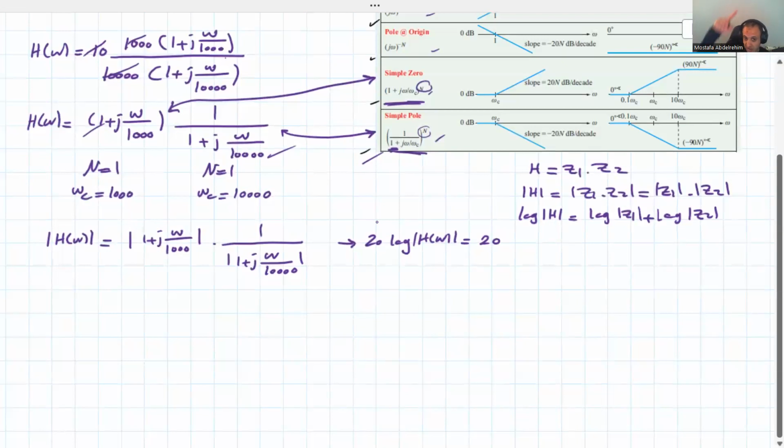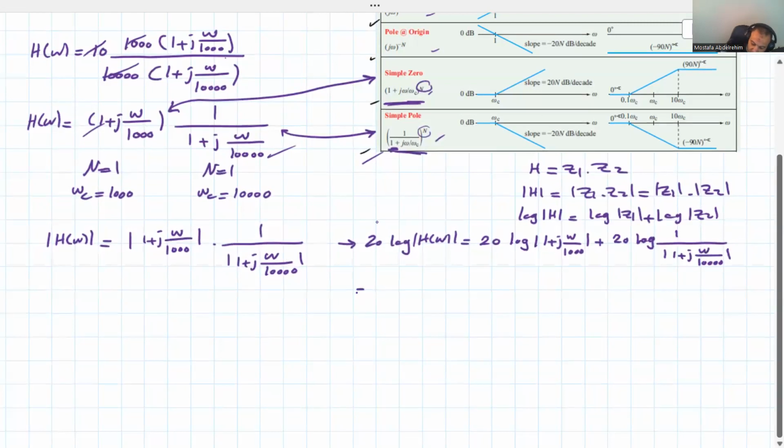So multiplication will turn into plus. So 20 log magnitude of 1 plus j omega over 1000, plus, let's make it very detailed, plus 20 log of 1 over the magnitude of 1 plus j omega over 10,000.